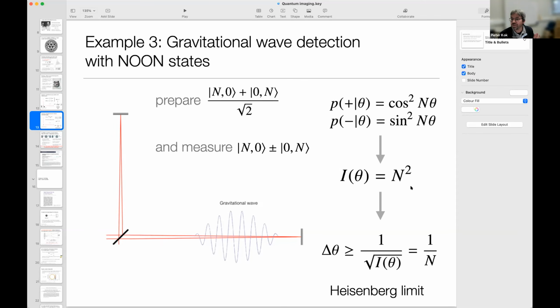But from a theoretical point of view, it is a really nice illustration. So you need to entangle the resources that you use to probe your system in order to get the full benefit.